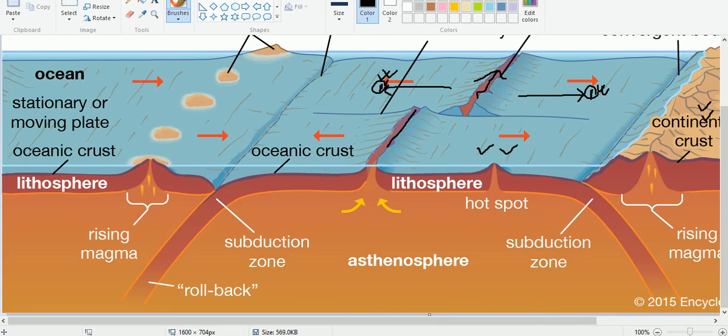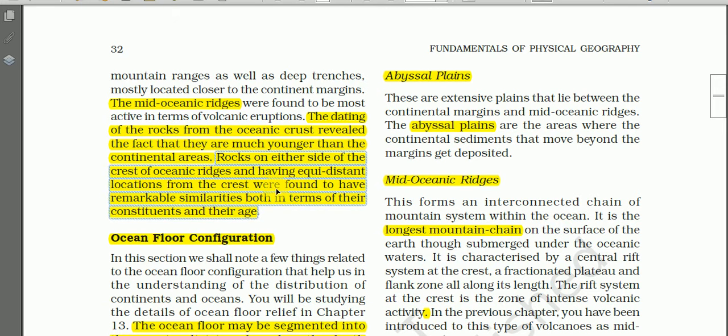Rocks on either side of the crest of the oceanic ridges having equidistant locations from the crest were found to have remarkable similarities both in terms of their constituents and age. These are the important discoveries after the continental drift theories. We shall learn in detail about this later on.